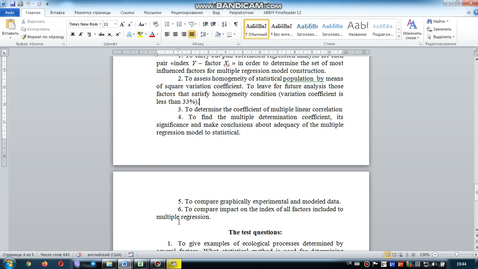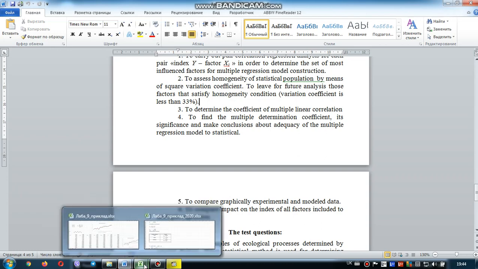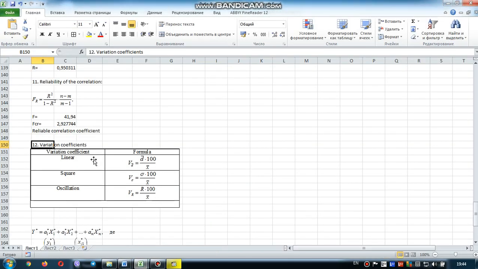So you can calculate the variation coefficient of the x1, x2, x3, x4 and x5 values as well as y values.